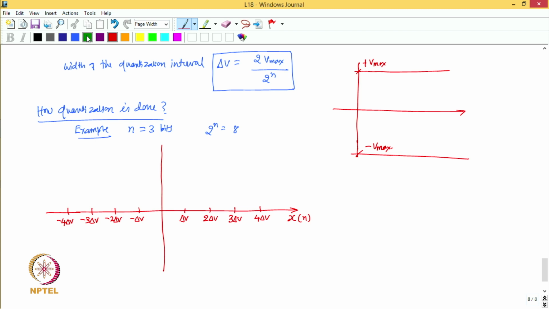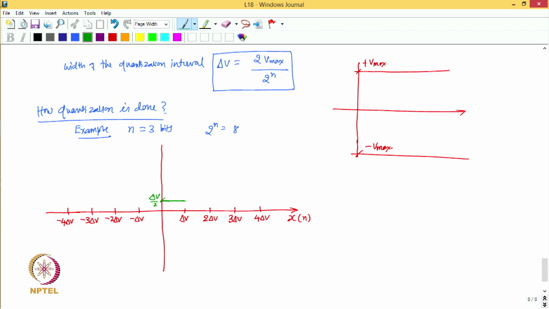So, in the first interval the average value of the signal is 0 plus delta V upon 2, that is delta V by 2, and that is the corresponding quantization level shown on the y axis. For any signal sample in this range, the quantization level would be delta V by 2.